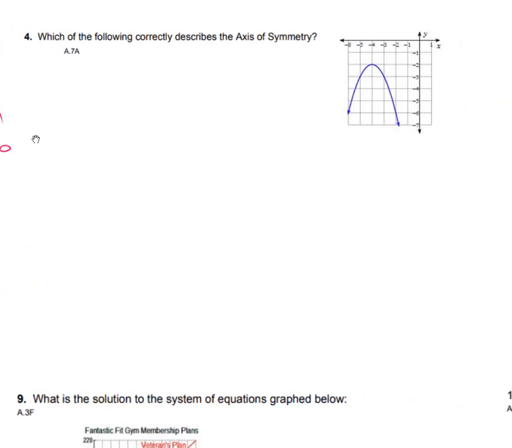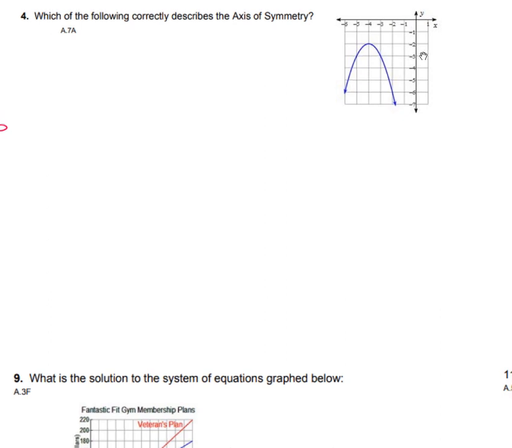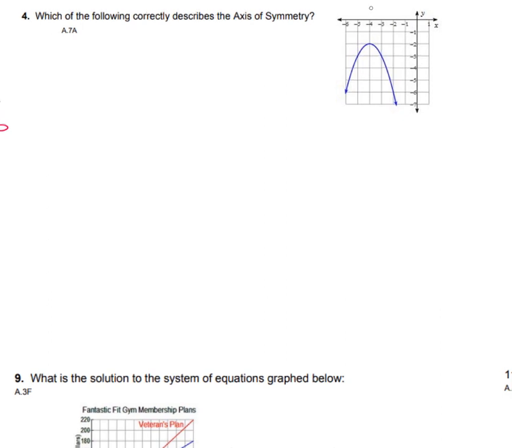Which of the following correctly describes the axis of symmetry? So here, once again, we're looking at the axis of symmetry, and the axis of symmetry looks to me like it's right there. So once again, it crosses the x-axis at a value of, it looks like -4. So as I told you, in Algebra 1, all of our parabolas are going to have x equals -4, all right?